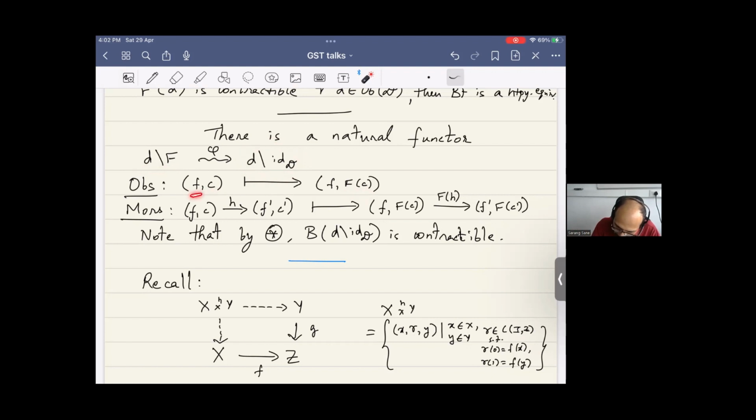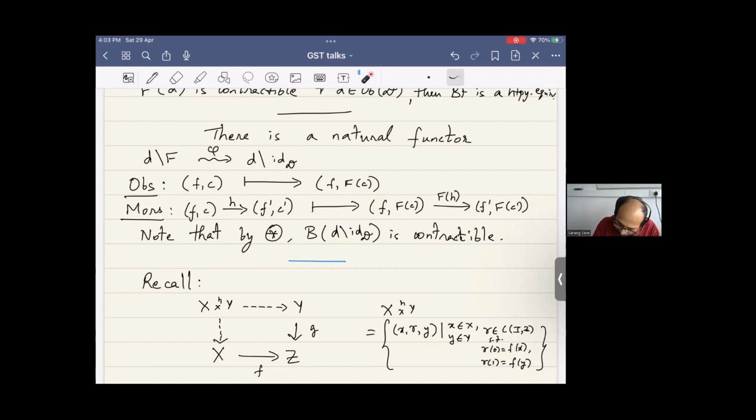Okay, and that map is little f. So capital F of c satisfies this condition that D has a map to it, and so it's in here. So f comma c just goes to f comma F of c. That's the functor on objects. On morphisms, I've written down what it is. It's the obvious thing. h goes to F of h, and so this is the natural functor.